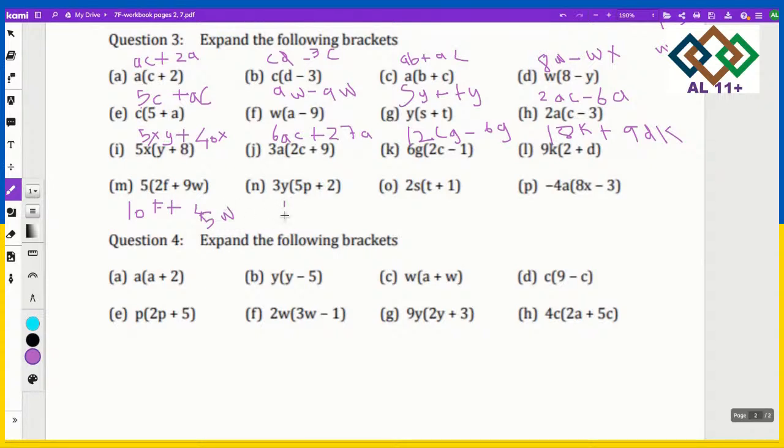Then you have 15PY plus 6Y. Then you have the O1, that is 2ST plus 2S. And then you have a P, that is minus 32AX plus 12A.